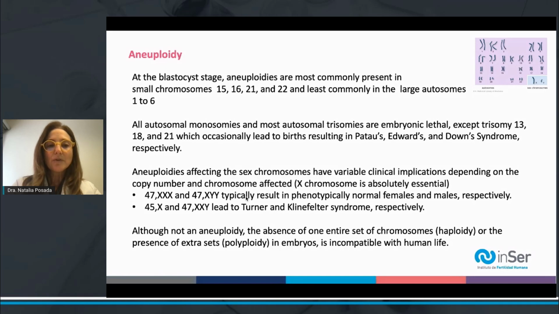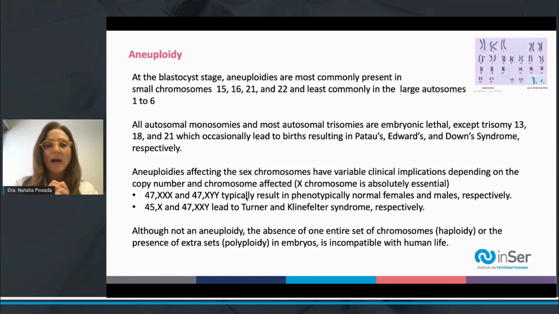Most autosomal monosomies and most autosomal trisomies are embryonic lethal, except trisomy 13, 18, and 21, which may lead to the birth of babies with Patau's, Edwards, or Down's syndrome, respectively.